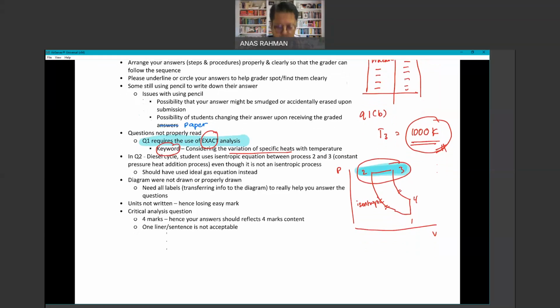Next, another issue regarding the test is that students still did not draw an appropriate diagram. I've told you so many times in the class as well as in the tutorial, in order for you to answer the questions correctly, a good diagram is needed. And not just a diagram, all the labels must be presented as well.